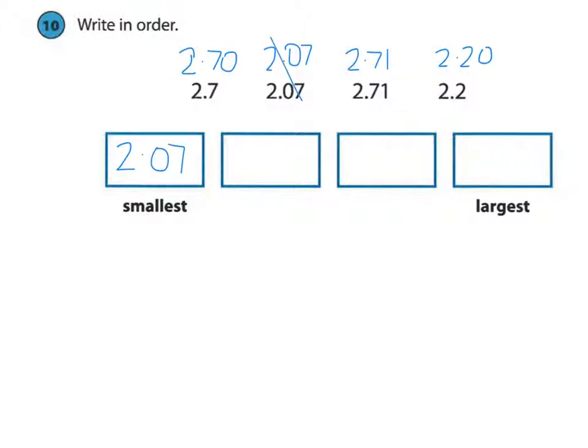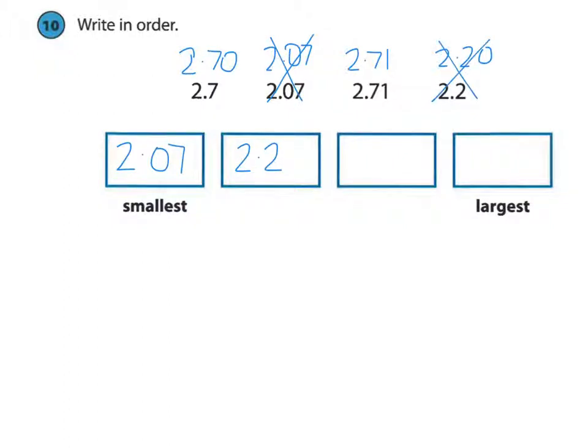I'm going to cross that number out to rule it out. We're then going to look at the remaining numbers. Again, we have 7 tenths, 7 tenths and 2 tenths. So this tells me that this number here is the next smallest. I'm going to write it down as it appears up above, which is 2.2. I'm going to cross that one out.